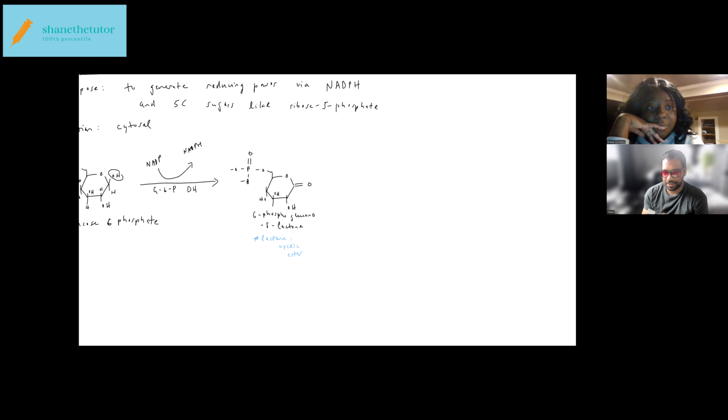Now, next, in order to do anything about this, we're going to need to bring it back to a straight chain form, which means that we're going to have to break apart the ring, and we can do that with hydrolysis.